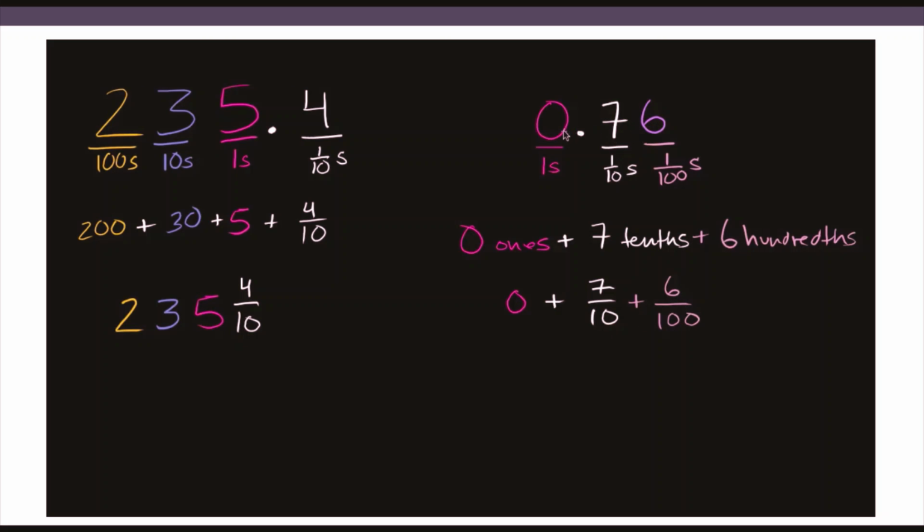Another way of writing this: if I'm saying 6 has the value of hundredths, I can write it this way, and this is 0 ones. If you remember the fractions, I told you that the denominator will remain the same and the numerator changes, it adds.